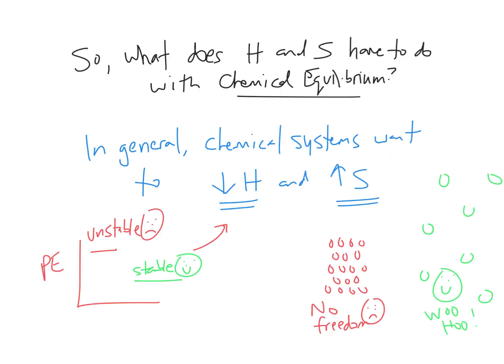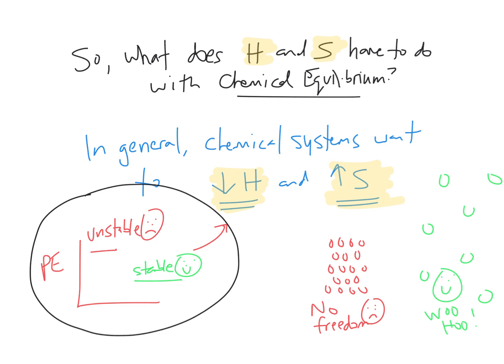Okay, so the big question: what does enthalpy and entropy have to do with chemical equilibrium? Well, in general, chemical systems want to minimize enthalpy and maximize entropy. What does that mean? It means that they prefer a situation like this, where we see enthalpy decrease, because that way products will be more stable than the reactants.